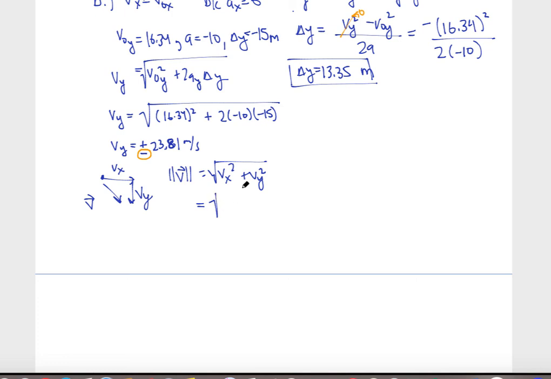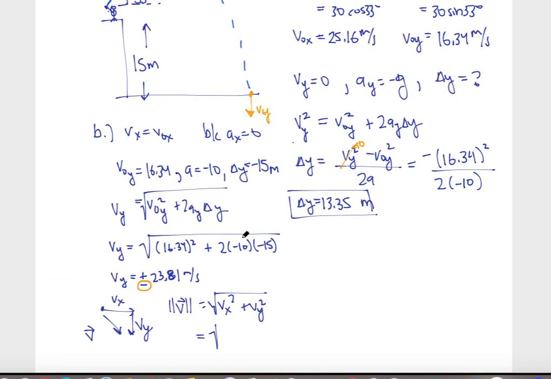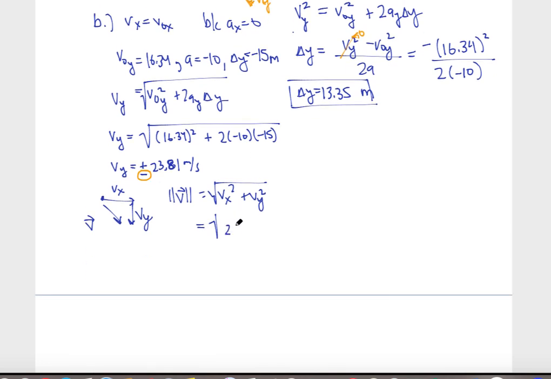Vx is going to be our V naught x, which was 25.16 squared. Our Vy we just found to be negative 23.81 squared. And so the magnitude and therefore speed of this object right before it hits the ground should be approximately 34.64 or 34.6 meters per second.